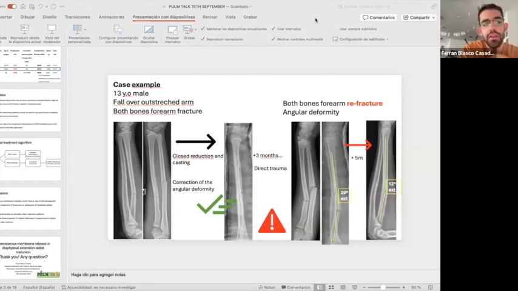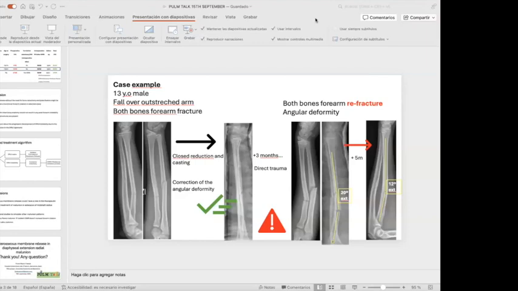And there's another study where they looked at Monteggias, and after a year, corrective osteotomies did not really help. But I think one thing we've discovered through using computer modeled osteotomies is that I think that's not true.